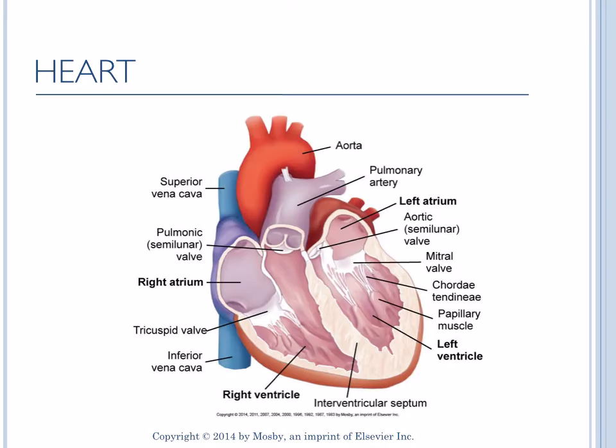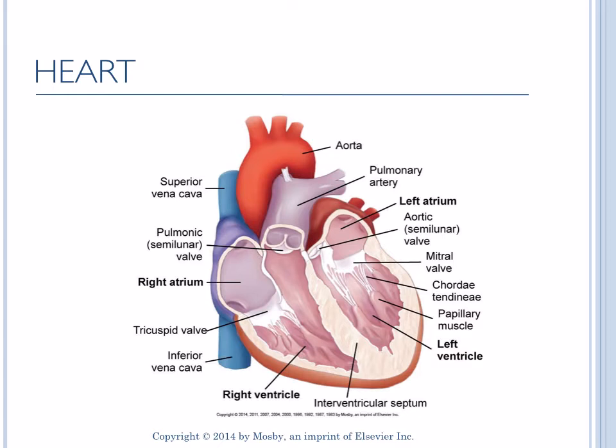Now this is the picture of the heart, and I think you have heard it a million times that the major purpose of the cardiovascular system is to provide oxygenated blood to our cells and return deoxygenated blood to the heart, where it travels to the lungs to be reoxygenated.